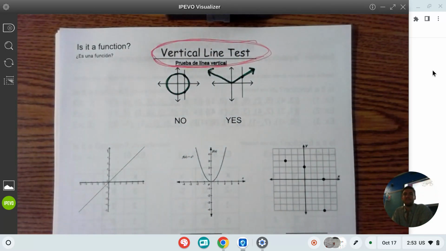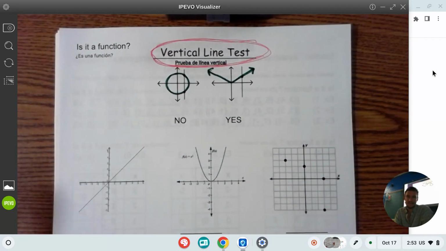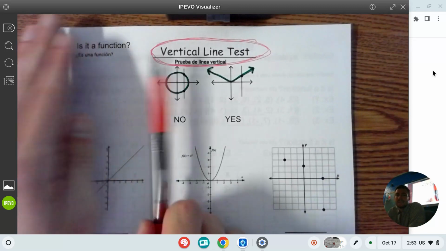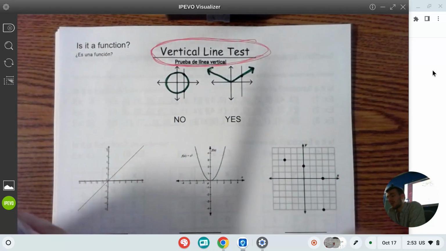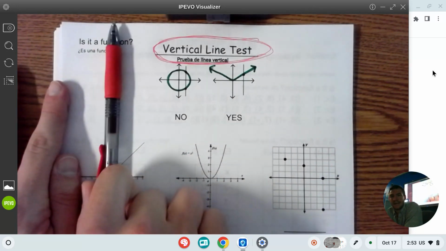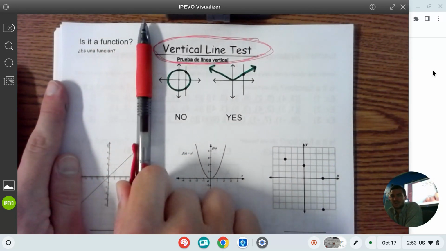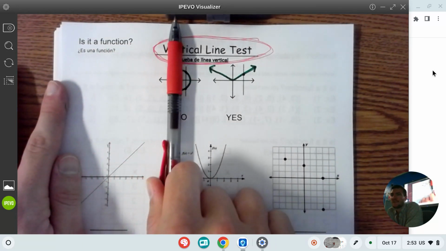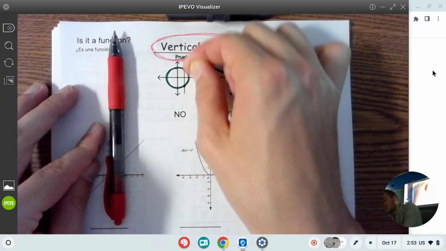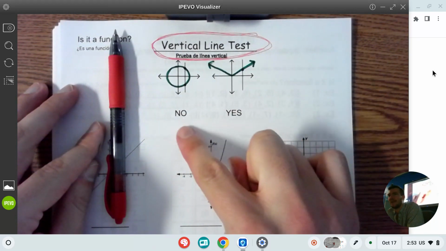With our vertical line test, you may have heard it called a pencil test before. The way it works is we kind of drag a pencil across the paper, and if we ever touch the line 2 times, then we fail.